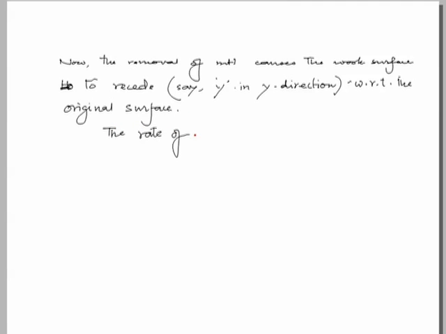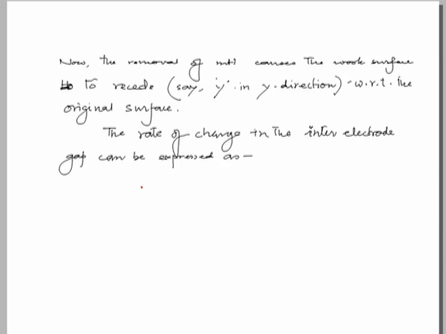Rate of change in the inter electrode gap can be expressed as dy/dt equal to A J by rho Z F minus f.